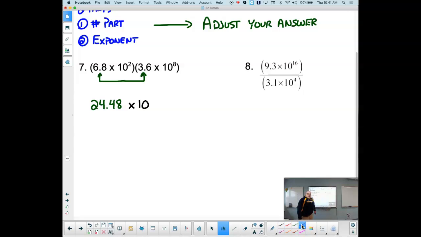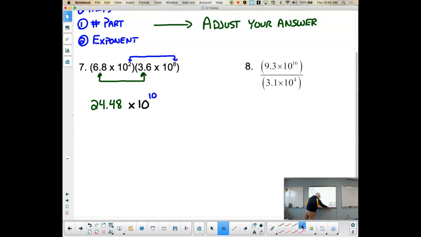The second part says I need to deal with the exponents. So that's these two numbers here. And because I'm multiplying, I'm going to add them. 2 plus 8 is 10. Now I need to adjust my answer.